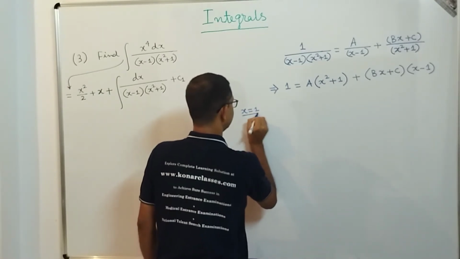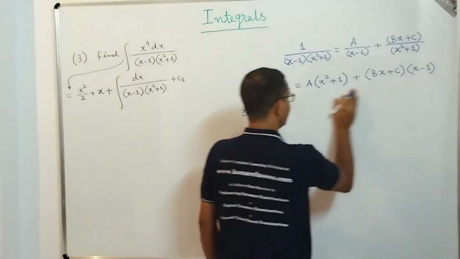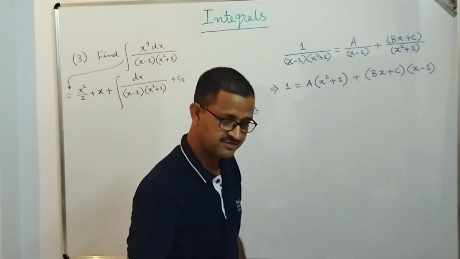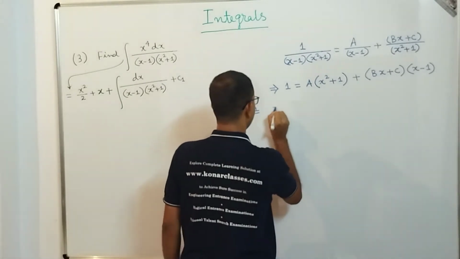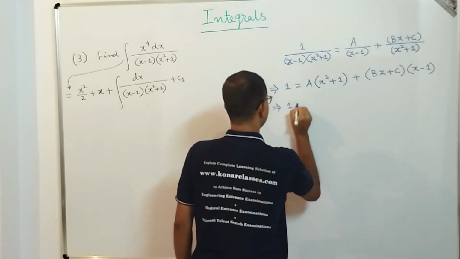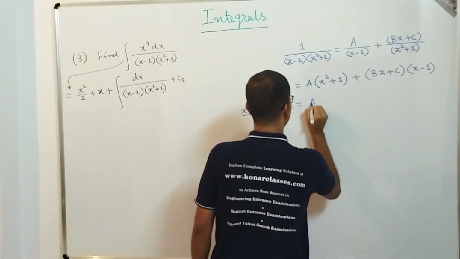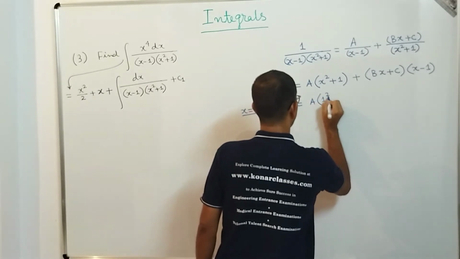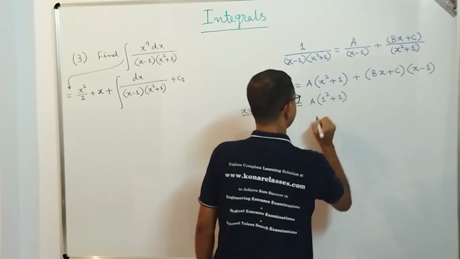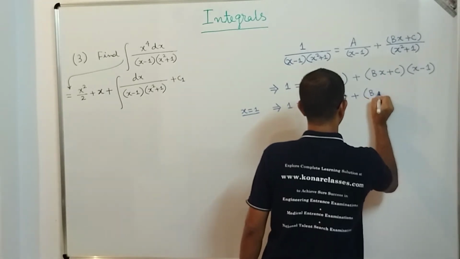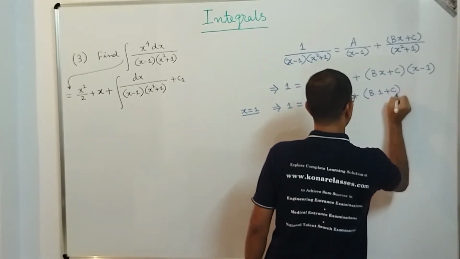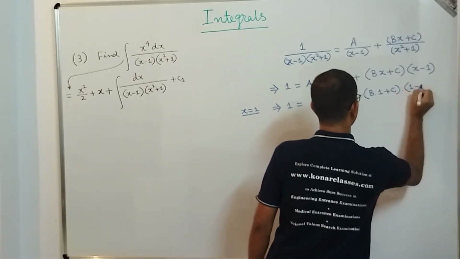This entire thing is an identity and true for any value of x, any real value of x, obviously. So if we apply x equal to 1, in the left hand side we get 1 and in the right hand side we get A into (1 square plus 1) plus B into 1 plus C into (1 minus 1).